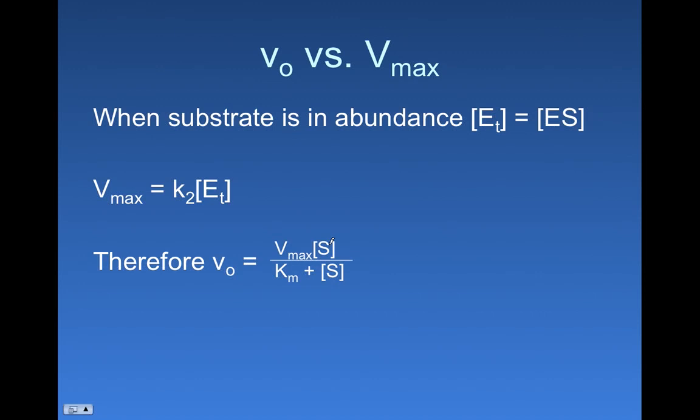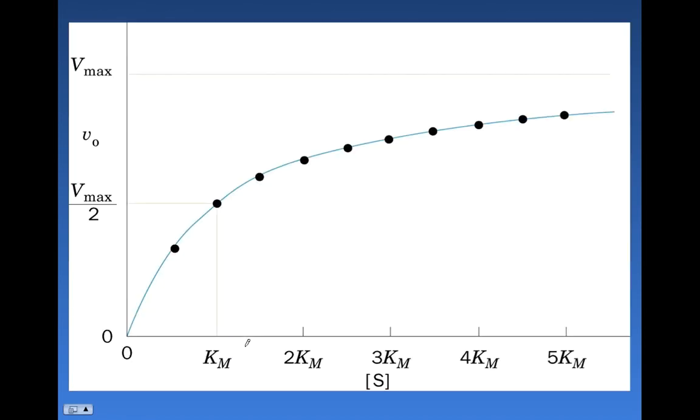And if we cancel out this substrate concentration with the one below, we'll find that the velocity of that reaction is equal to 1/2 Vmax. And so what that little bit of math tells us is that Km is the substrate concentration where my reaction reaches half of its maximal velocity.